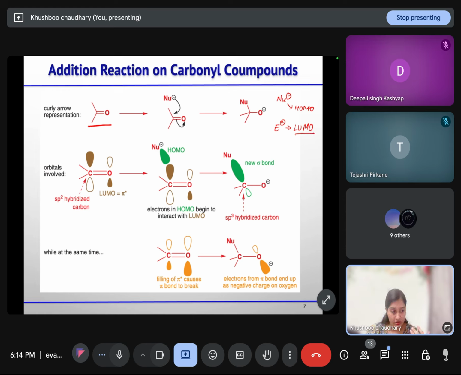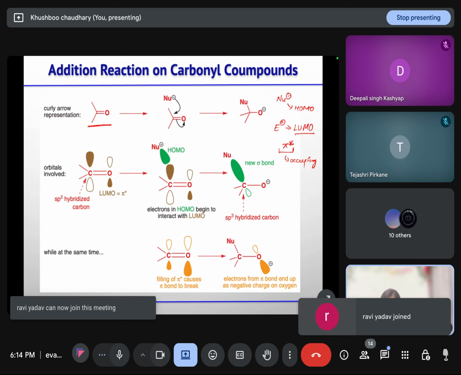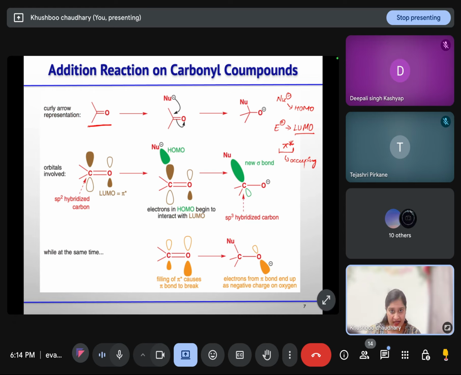So LUMO is the lowest unoccupied molecular orbital, and in the case of carbonyl compounds, your pi star orbital is empty and has the lowest energy. So the nucleophile is giving electrons to the pi star orbital of the carbon. When the nucleophile approaches this carbonyl carbon LUMO and the interaction takes place, a new sigma bond will form.